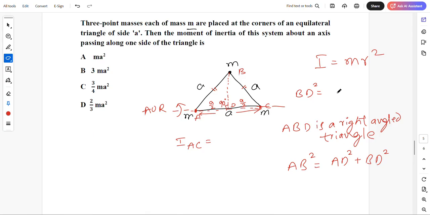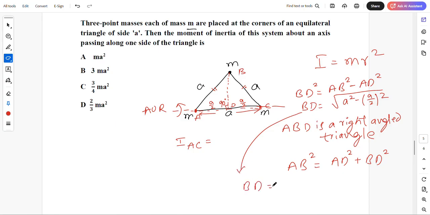Therefore, BD square is equal to AB square minus AD square. That is, BD is equal to the square root of AB square minus AD square. AB is A, and AD is A by 2, the whole square. Let's simplify here.